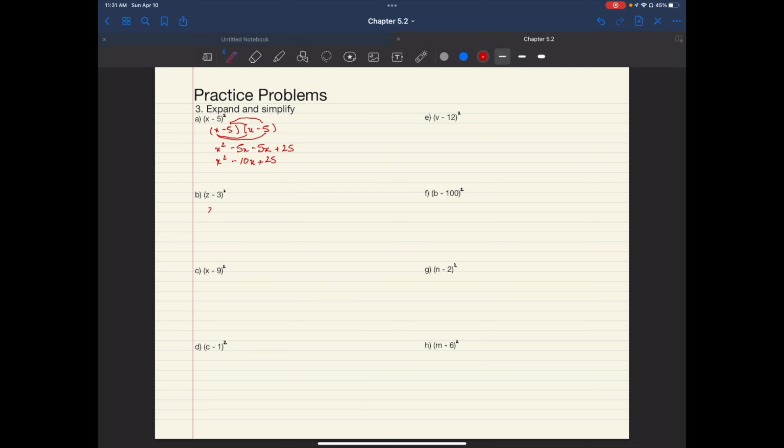So we have z squared minus 6z plus 9, x squared minus 18x plus 81, c squared minus 2c plus 1, v squared minus 24v plus 144, b squared minus 200b plus whatever 100 squared is.